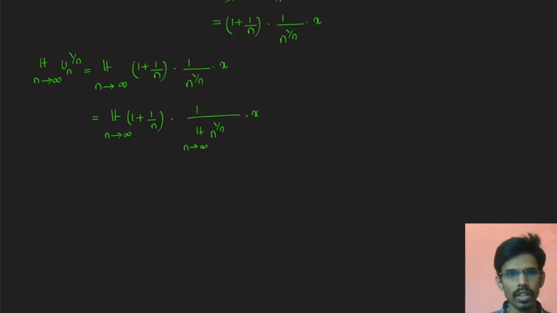If I apply n tends to infinity here, 1 plus 1 by n will be 1. Now here we have limit n tends to infinity, n power 1 by n value is 1, into x. So I'll get x here.